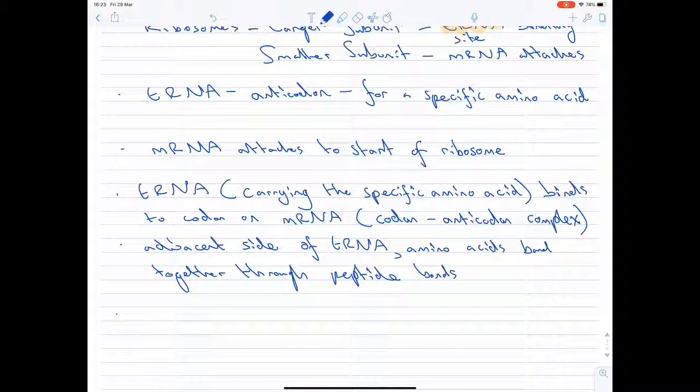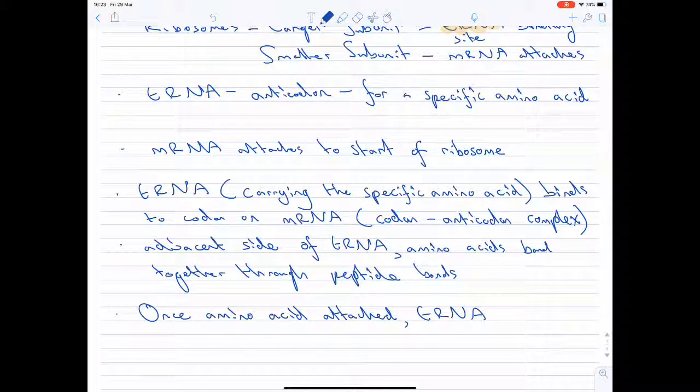So once the amino acid has been attached to the growing polypeptide chain, the tRNA is basically going to leave the complex and pick up another amino acid. So tRNA picks up another amino acid, and this process requires ATP, so we're just going to make that clear to the examiner.